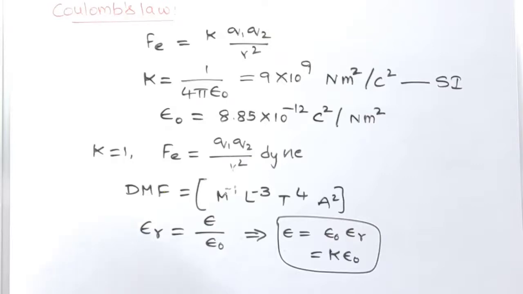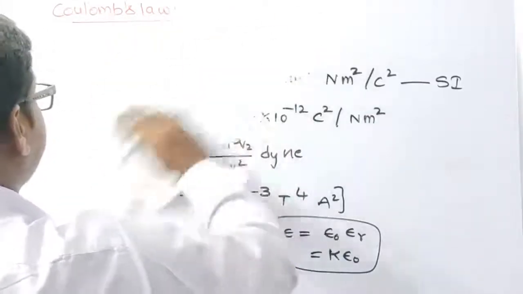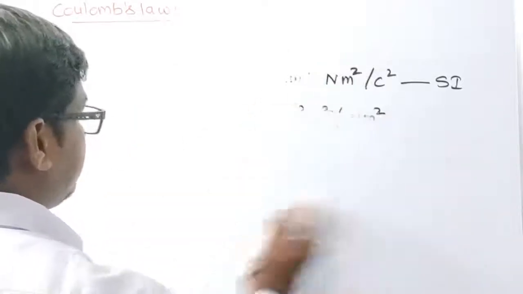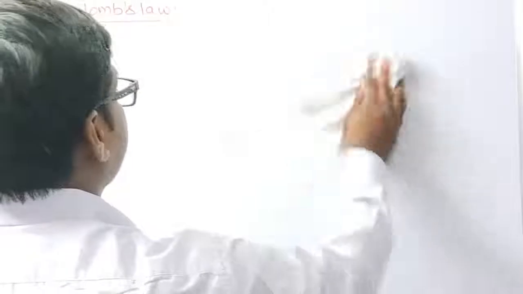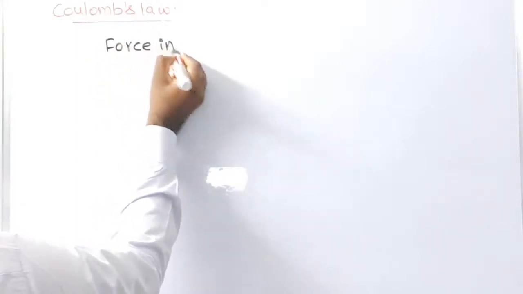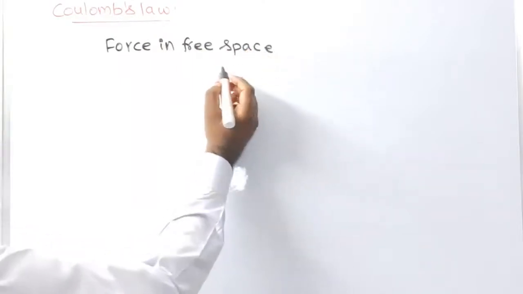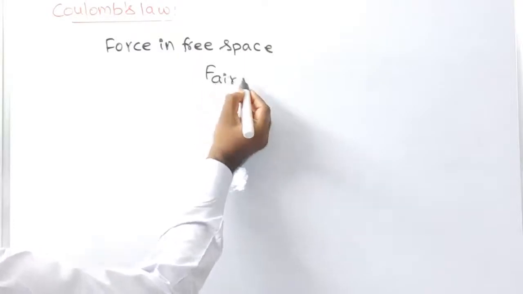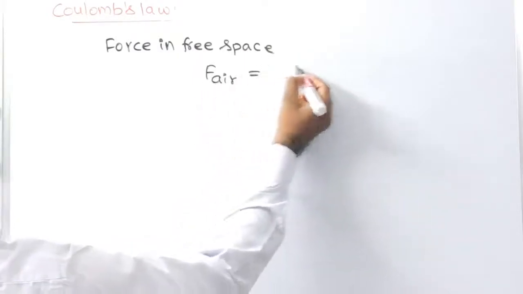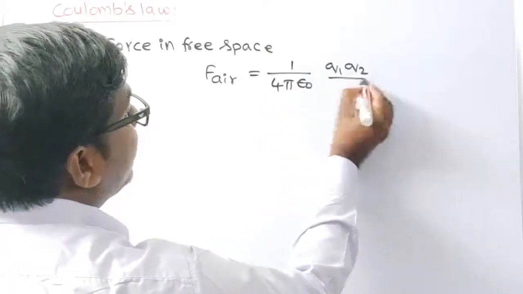In this one, the force in free space or air is equal to 1 by 4 pi epsilon naught q1 q2 by r square.